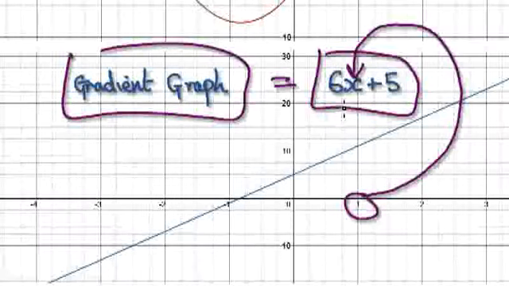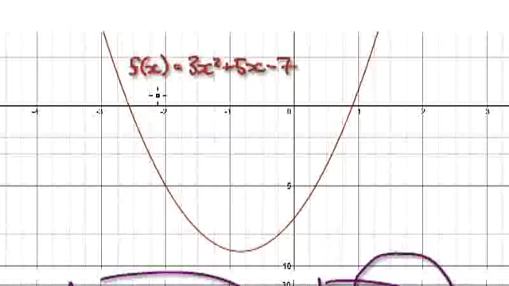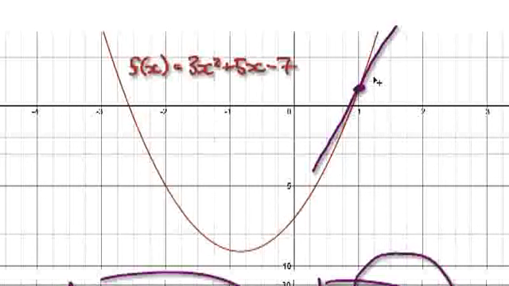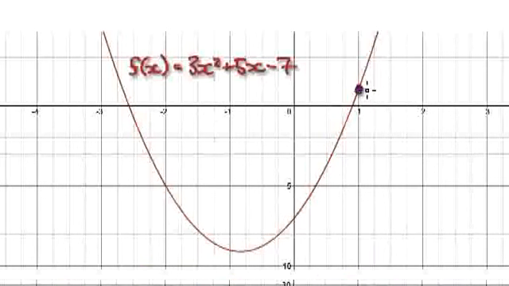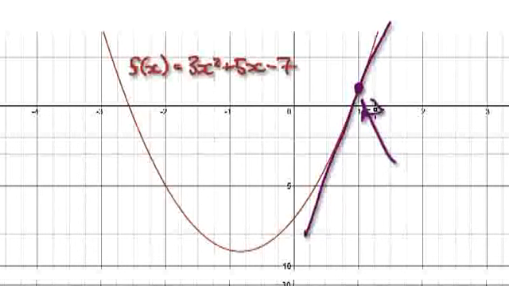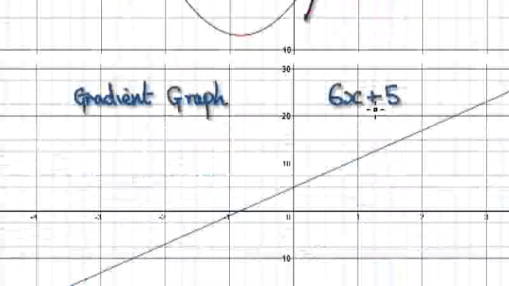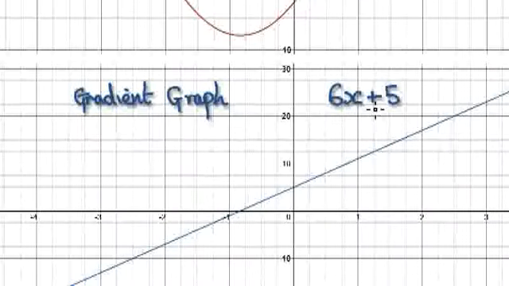So if you draw a tangent line here, it will have a gradient of positive 11.